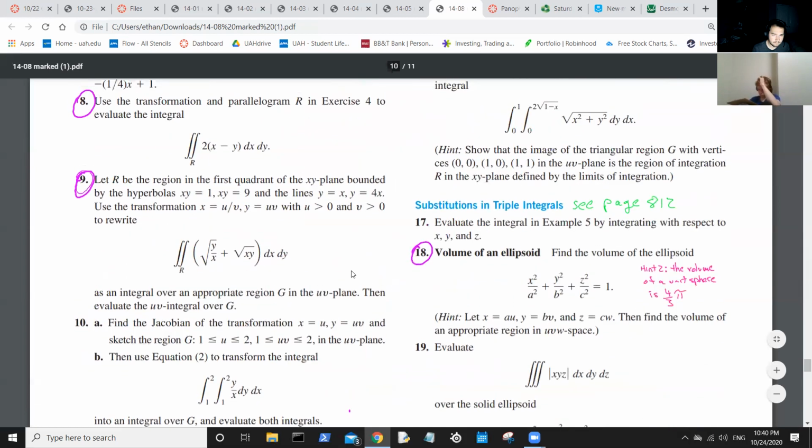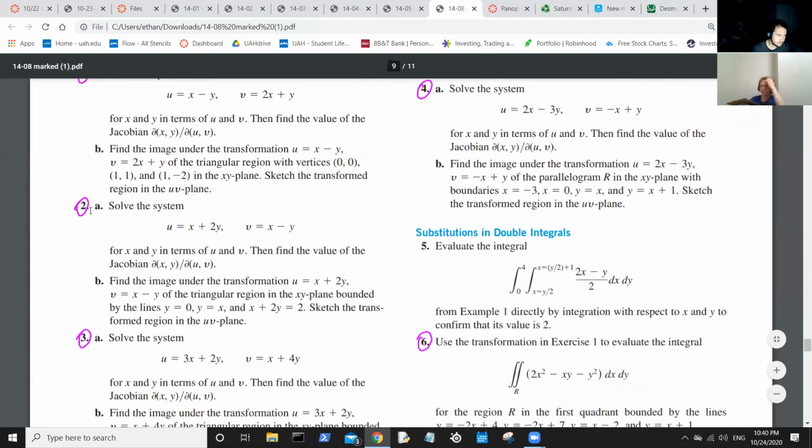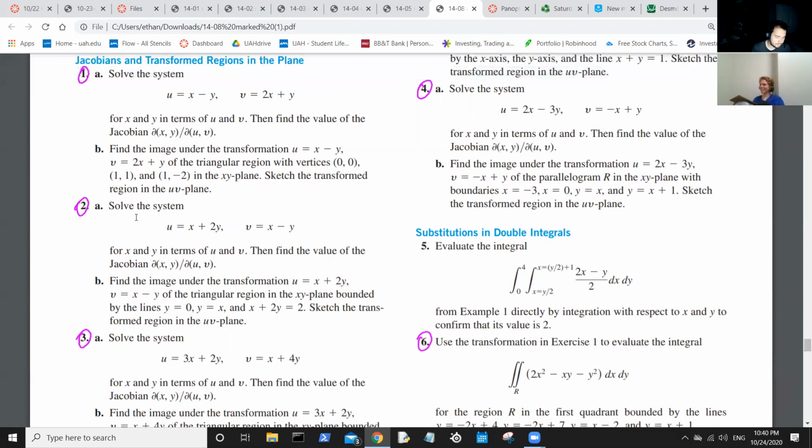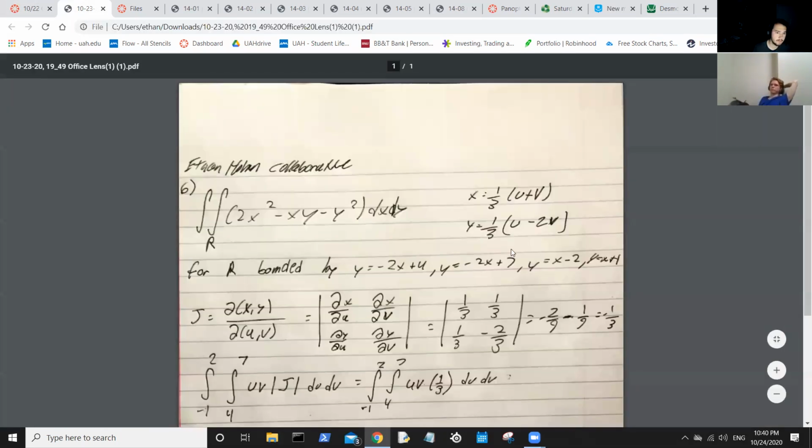Okay, so what about number 2 on 14.8? 2A. I forgot. It's not an odd, so it's not in the back of the book. Although when finding the Jacobian, let's see how much farther I took it on my homework.